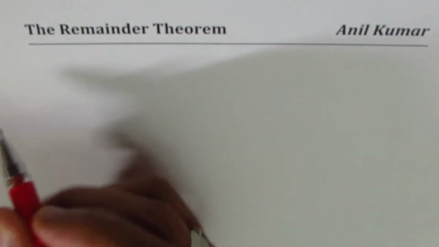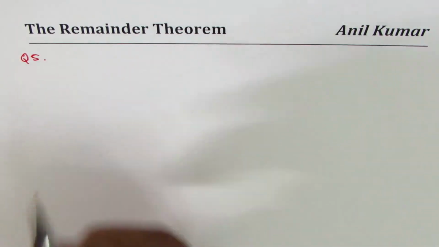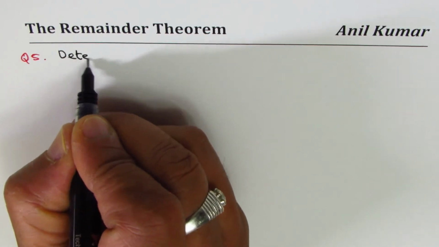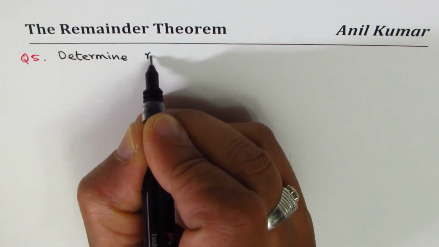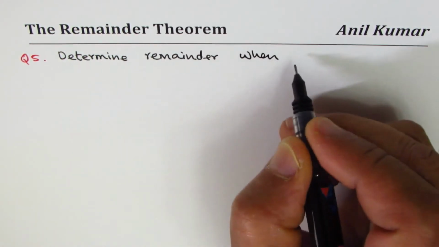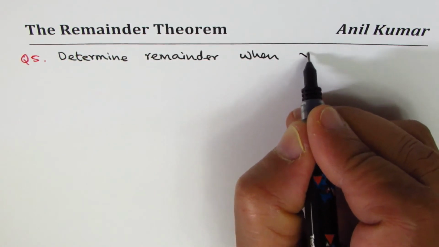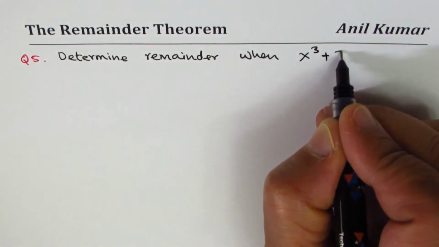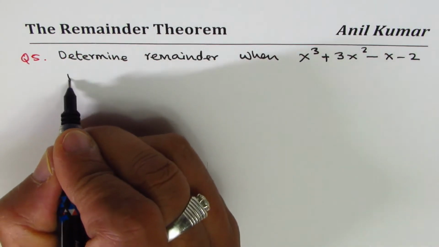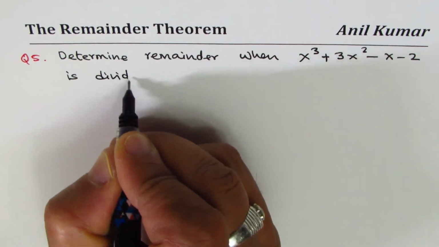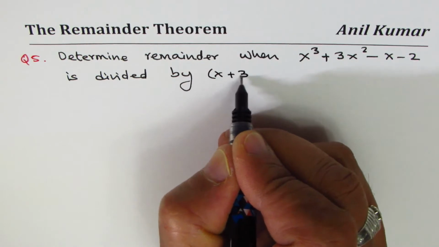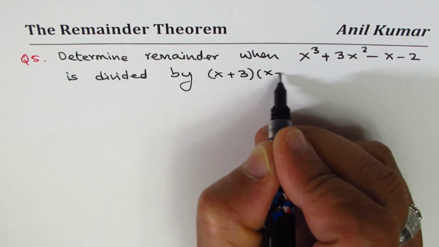So the next example, the last question for the series, is to determine the remainder when the function x cubed plus 3x squared minus x minus 2 is divided by two factors, x plus 3 times x plus 5.